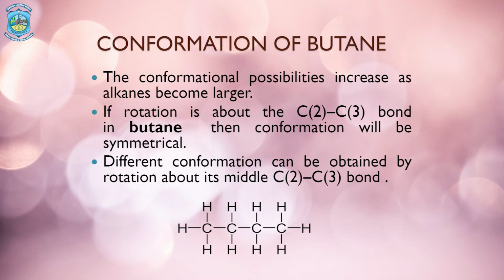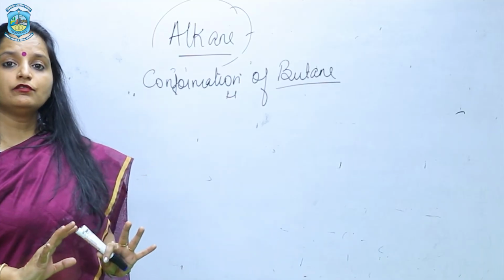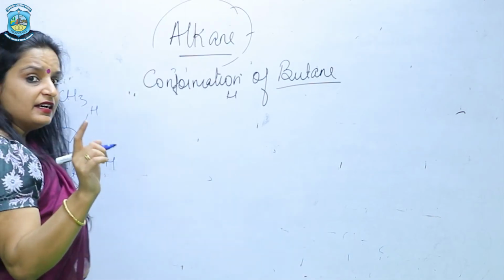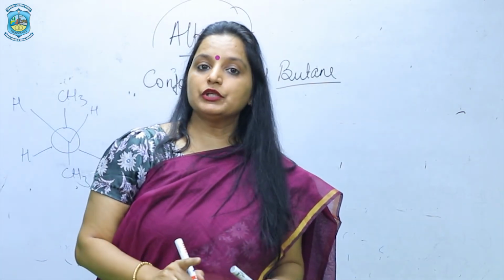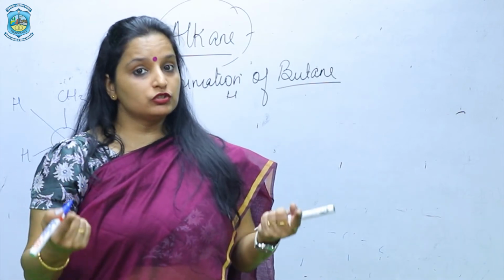Now, we are going to start with the most stable conformation of butane. As I already told you, the molecule in which the strain is minimum will be the most stable.